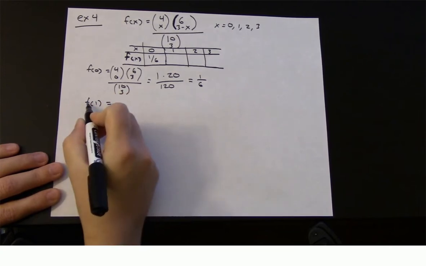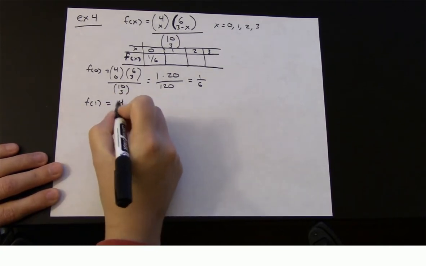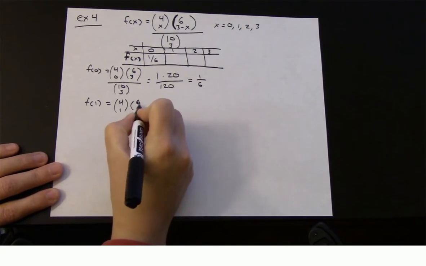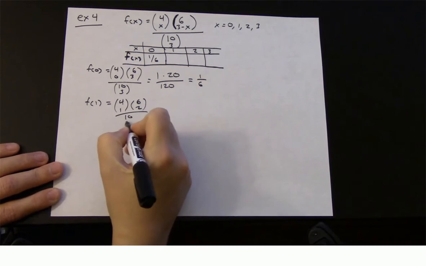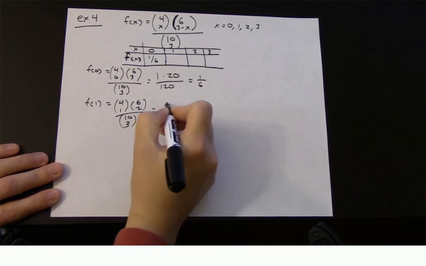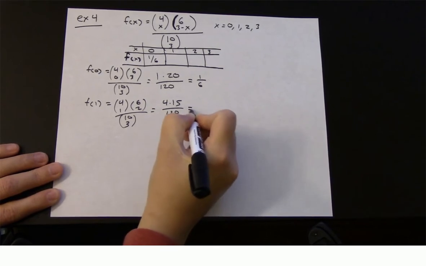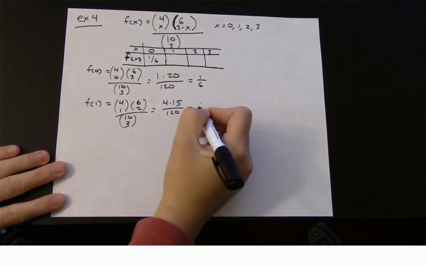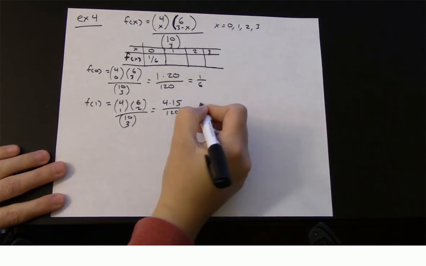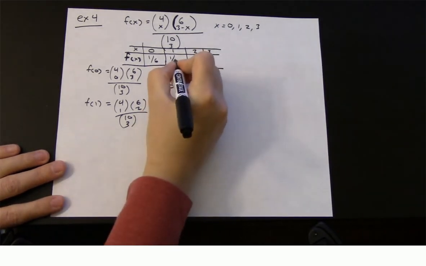For f of 1, we would plug in 4 choose 1, 6 choose 3 minus 1 is 2, 10 choose 3. So this is 4 times 15 over 120, which comes out to be 3/6, which is 1/2. So I can record that as 1/2.